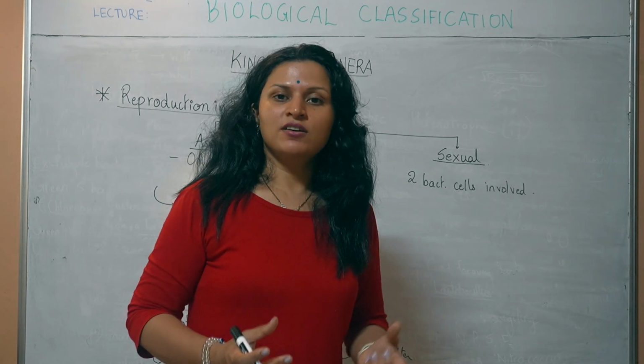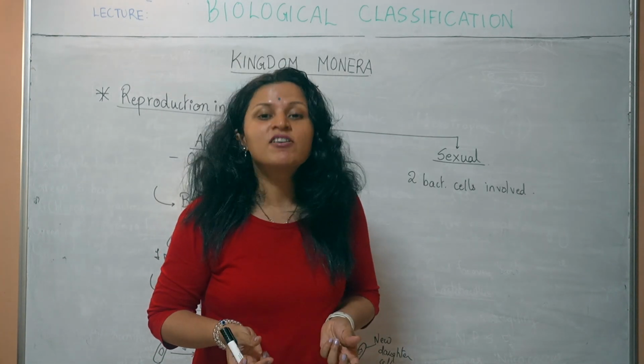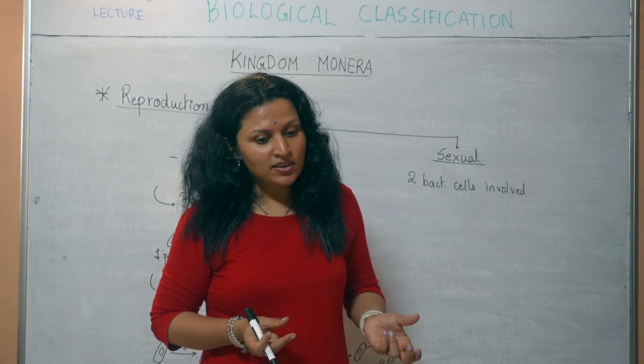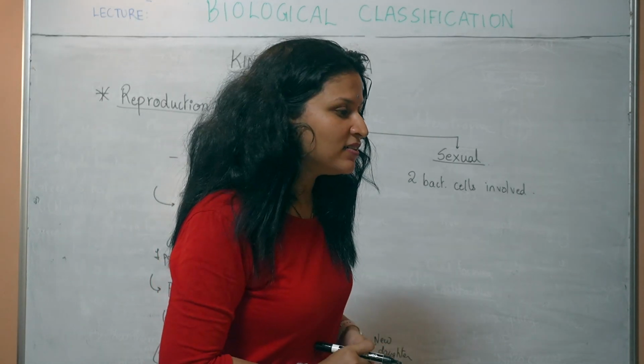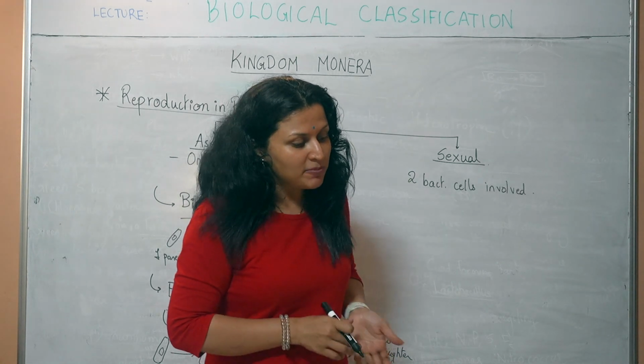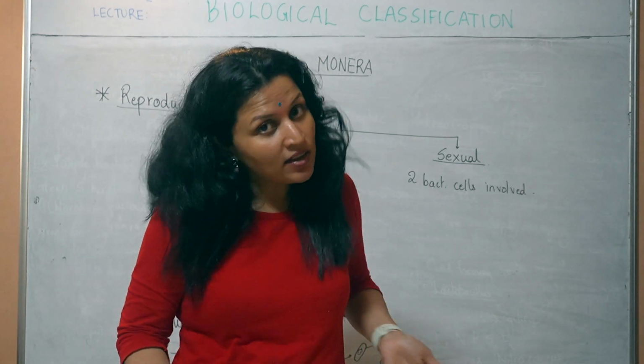However, over here there are two bacterial cells. They are themselves one-celled parent cells, okay? So even if one parent donates its genetic material to the other parent cell, that parent cell cannot produce a baby bacterial cell inside it, okay?